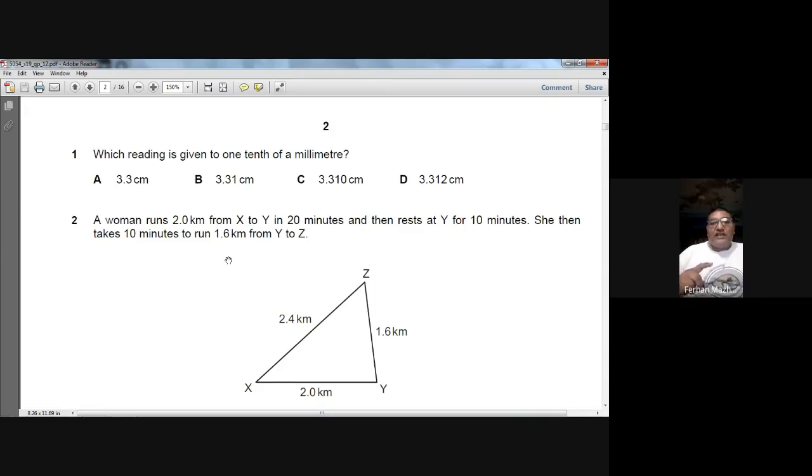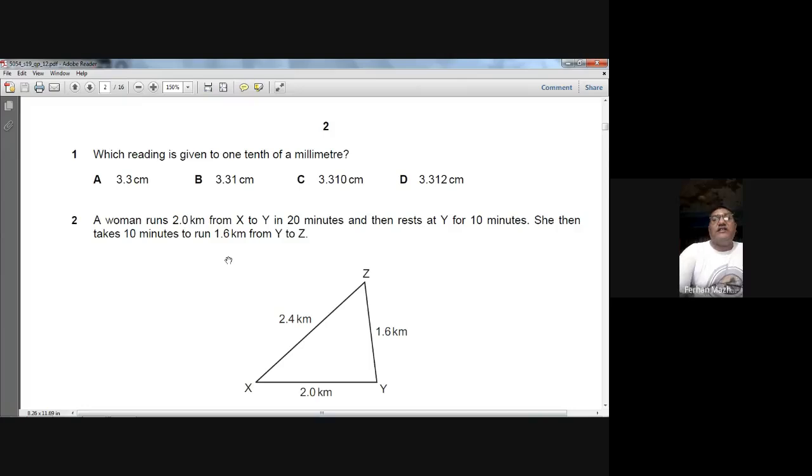1 millimeter is 1/10th of a centimeter. 10th means 1 decimal place after the point in the centimeter, which will be 1 millimeter. But 100th of a centimeter will be 2 decimal places in a centimeter.